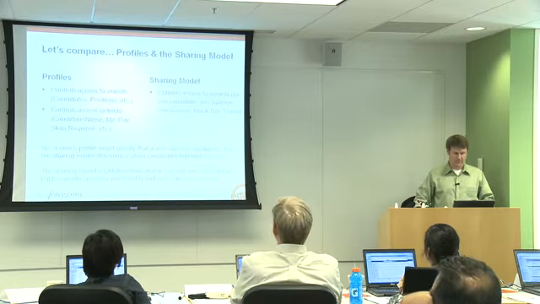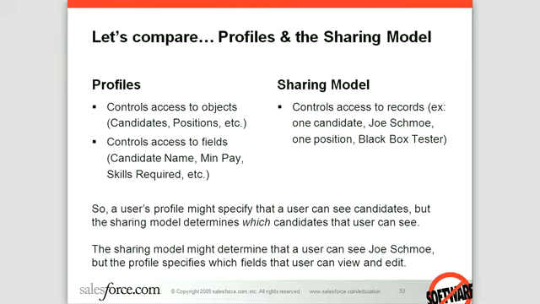Okay. All right, so let's compare. So our profiles, all right, there's object and field level access, but the sharing model is record level access. So a profile might specify that a user can see candidates.